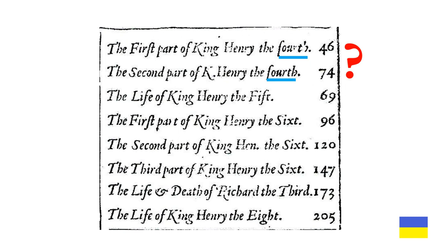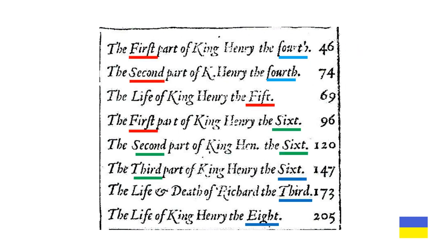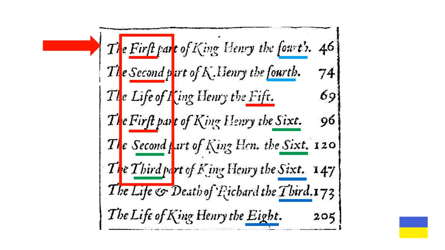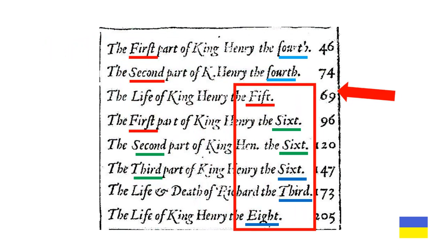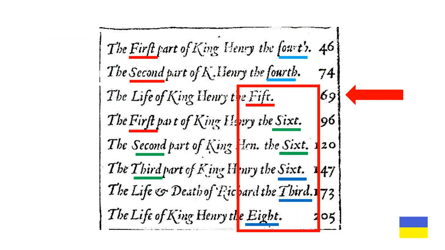Why are those numbered words in lowercase letters? So I decided to do something quite logical. I added all the numbers on the left-hand side, and I added all the numbers on the right-hand side.